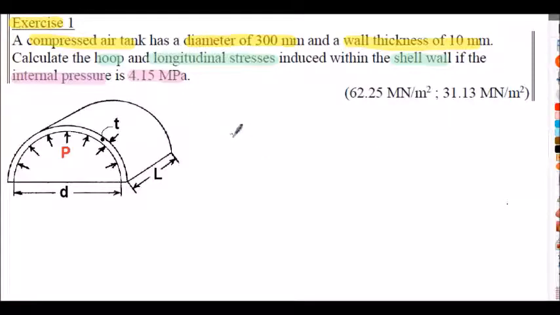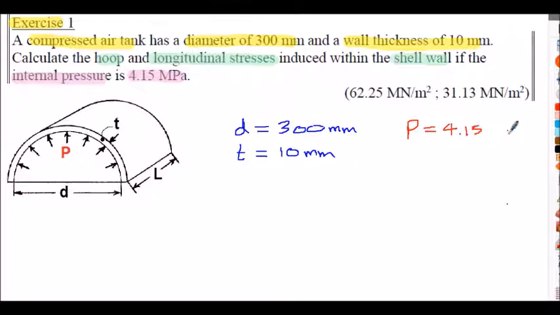We're given the diameter, so D is equal to 300 millimeters. I'm going to use millimeters. We're given the wall thickness t, and that's 10 millimeters. And we're given the internal pressure, P, given in the question as 4.15 megapascals.